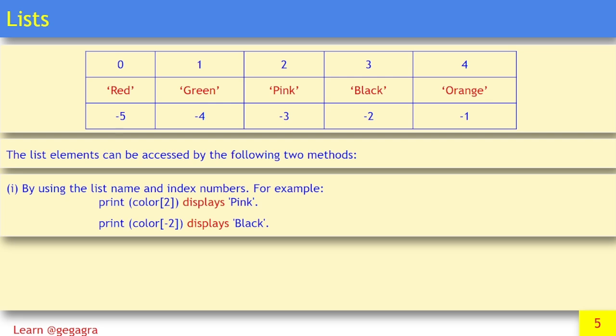If I say print color[-2], we are moving right to left, so -2 means black, and it corresponds to index 3. So color[-2] will display black, and color[3] will also display black. Hope this is clear.